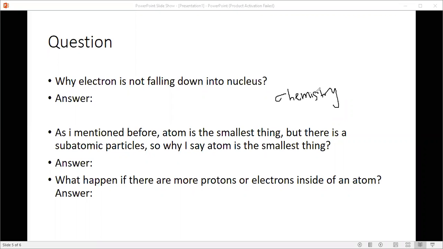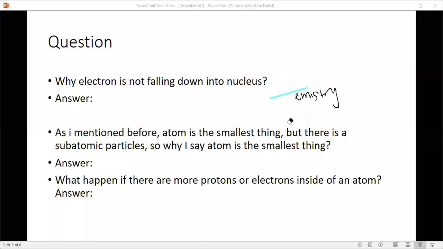The subatomic particles just work on their own law. They are just spinning around, negative and spinning around. So it is the law. But an atom can bond together with various other atoms, other elements, to form various things in this entire universe.